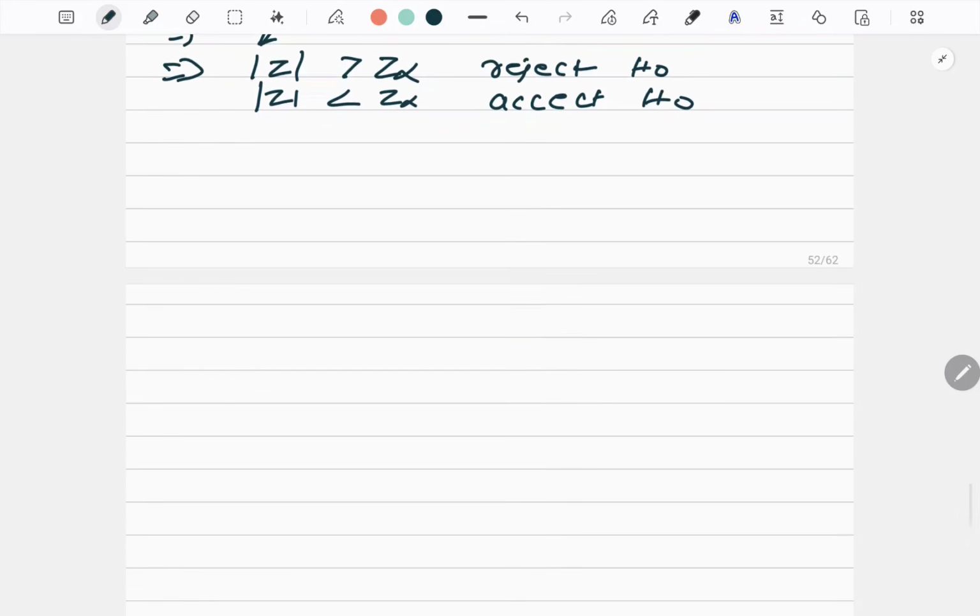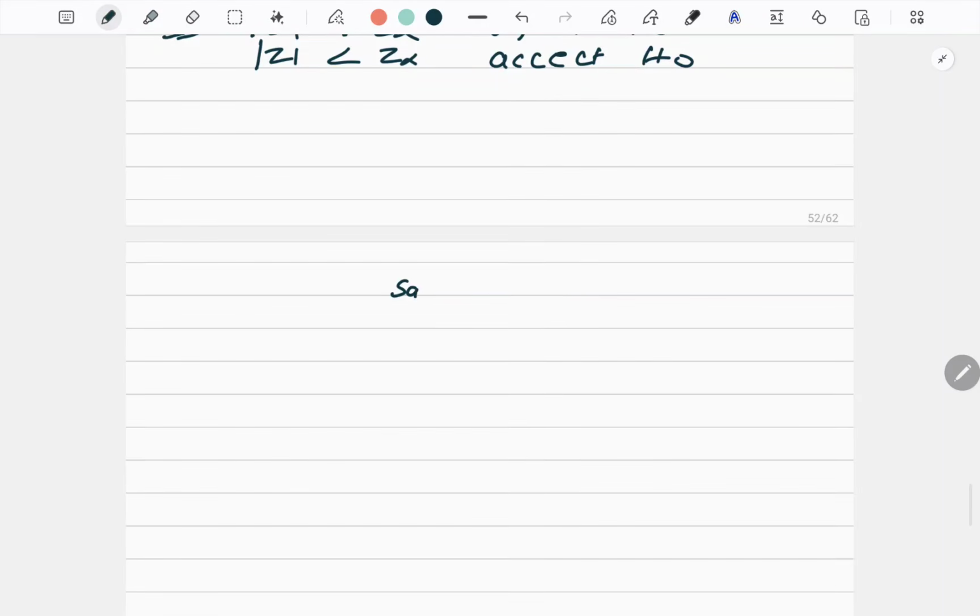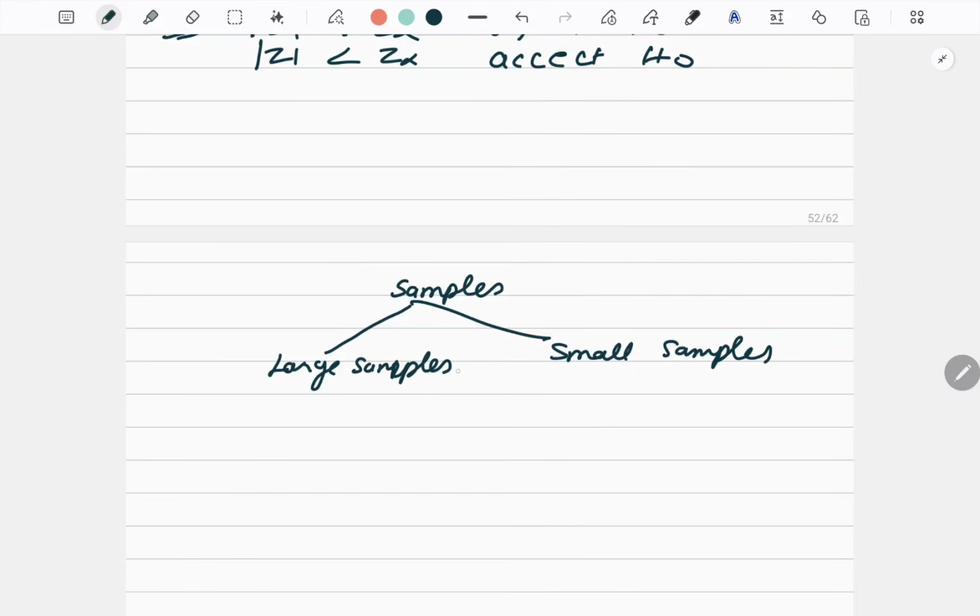Now, what type of questions will I have? See, I have two categories of samples: one is large sample and another is small sample. Large sample is basically n greater than or equal to 30. Small sample is obviously less than 30. Under small sample, you have the t-test, you have the F-test, which is basically a preliminary test for the t-test, and we have the chi-square test.